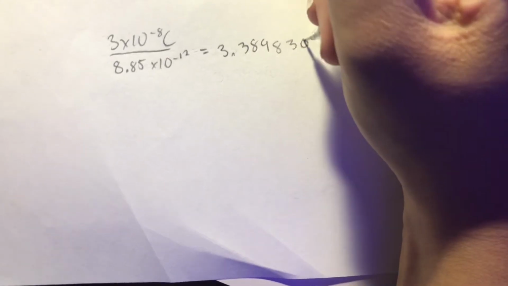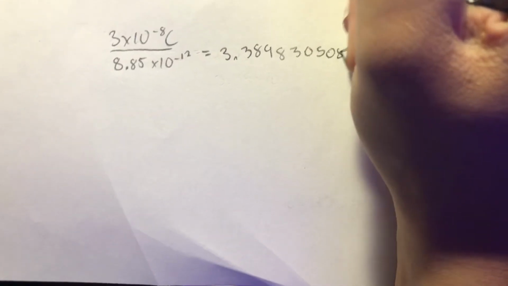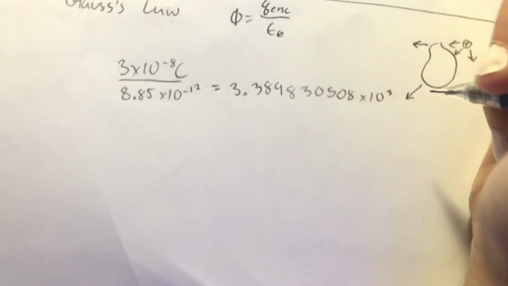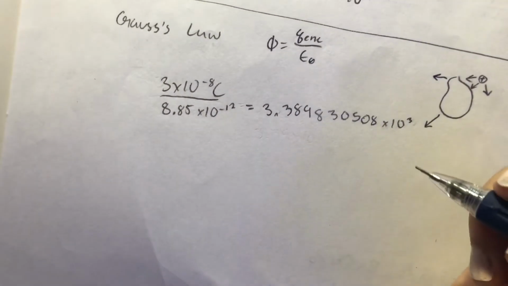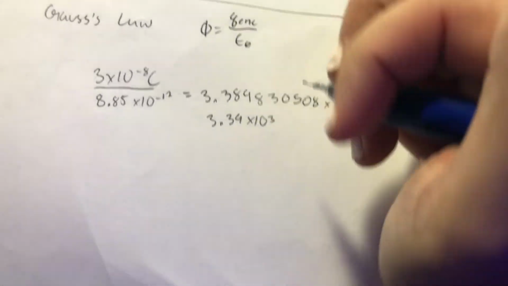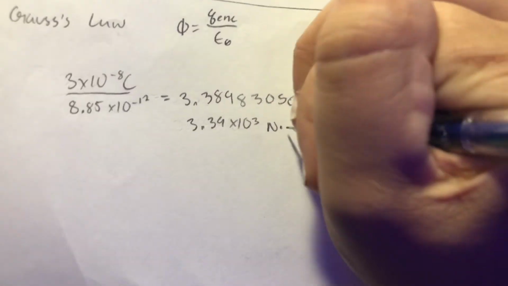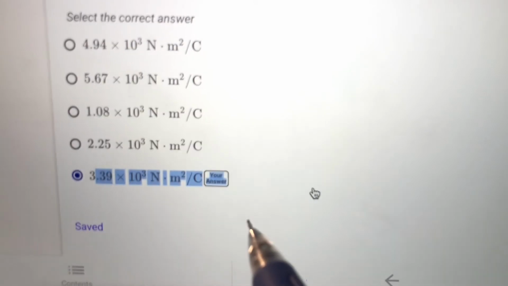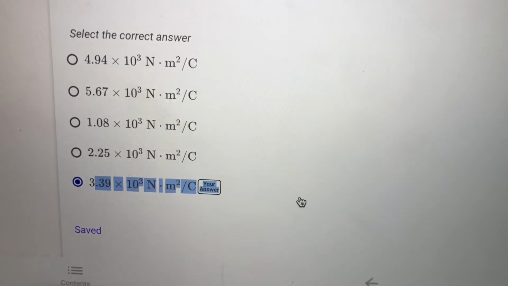If you divide all that out, you're going to get 3.389830508 times 10 to the third, and that's going to round to 3.39 times 10 to the third. And since we're looking at the flux, that's going to be in newton meters squared per coulomb. And that's our answer right there, 3.39 times 10 to the third newton meters squared per coulomb.